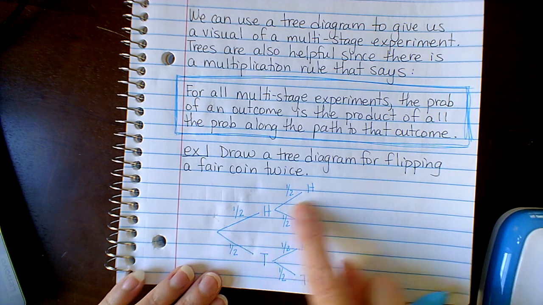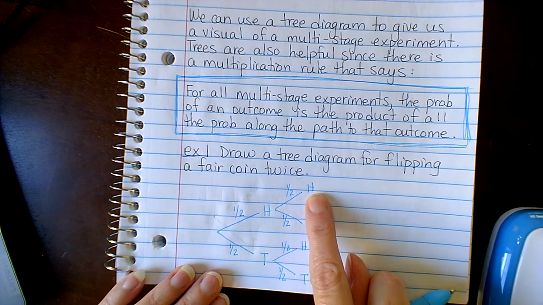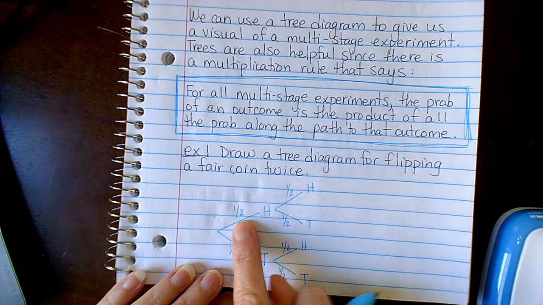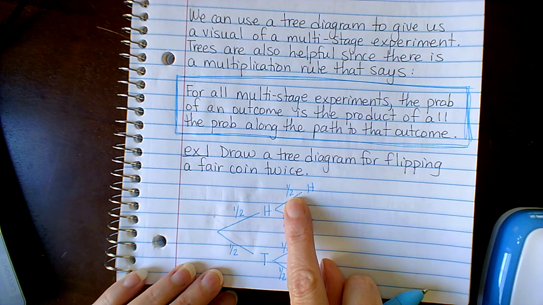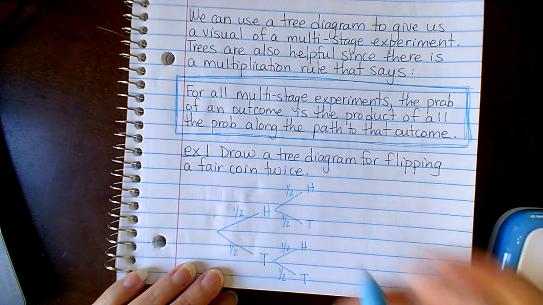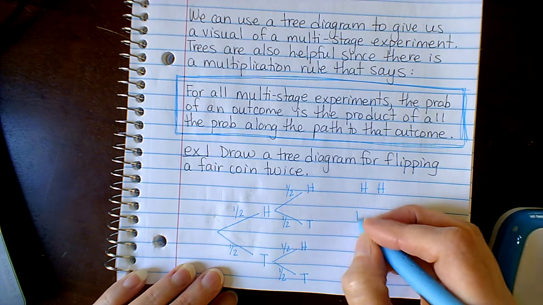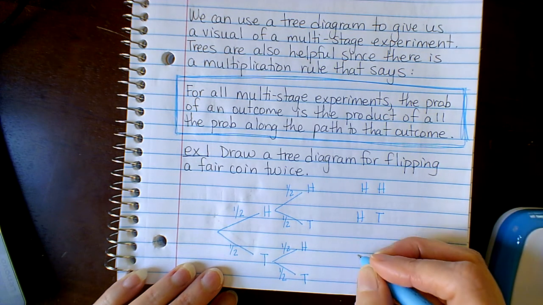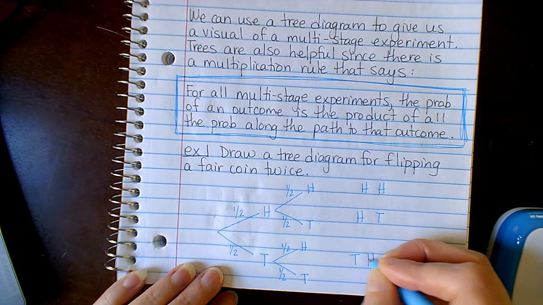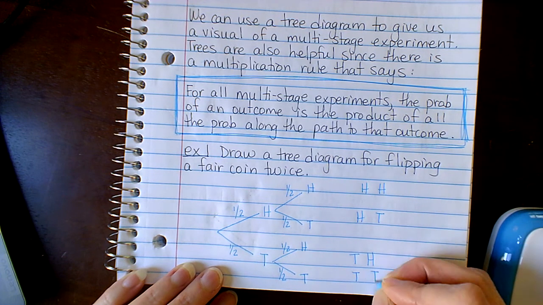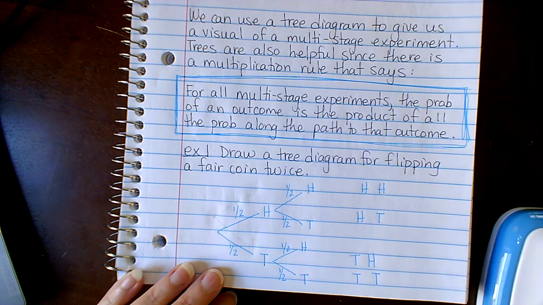Well, we follow the branches, right? Heads to heads. Multiply those, we get 1/2 times 1/2, which is 1/4. That makes sense because we have 4 total outcomes. You can have heads and then heads, heads and then tails, tails and then heads, or tails and then tails. So there's 4 equally likely outcomes.